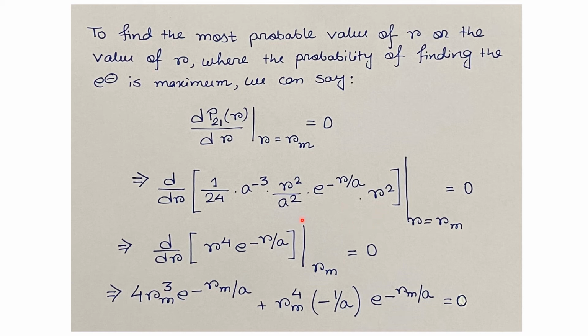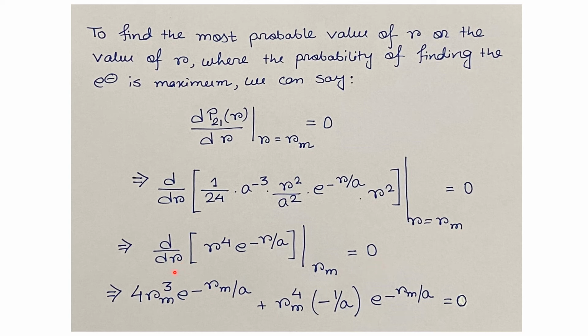Then we'll take the constant values out of the derivative, that is 1 by 24 a to the power minus 3 and 1 by a square. So effectively we get the derivative with respect to r of r to the power 4 e to the power minus r by a, at r equals Rm, equals 0.